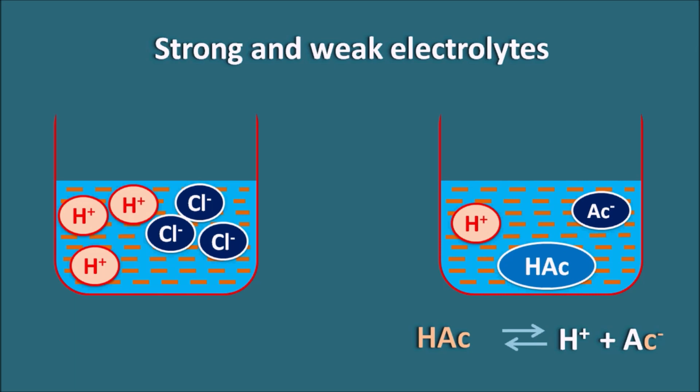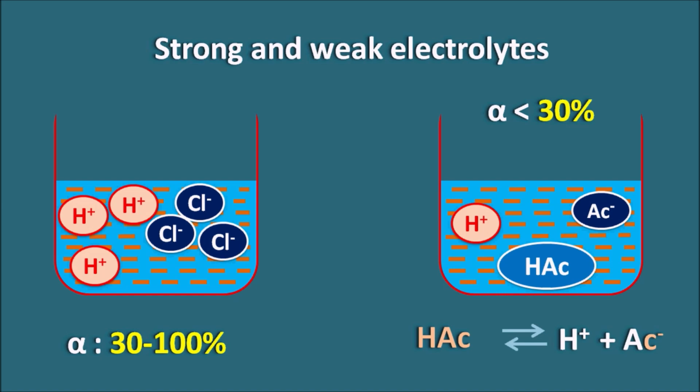The degree of dissociation is indicated by the letter alpha. If the alpha value is from 30 to 100%, that means above 30%, the compound is called a strong electrolyte. Particularly strong electrolytes have an alpha value nearer to 100. When a compound has a degree of dissociation less than 30%, it is called a weak electrolyte.